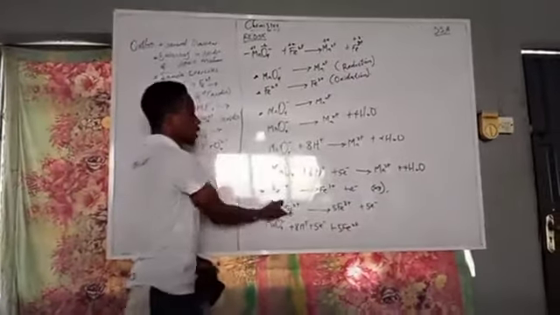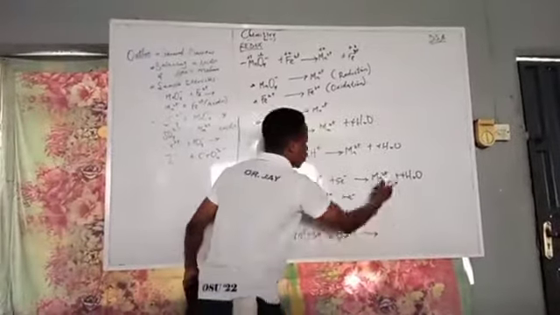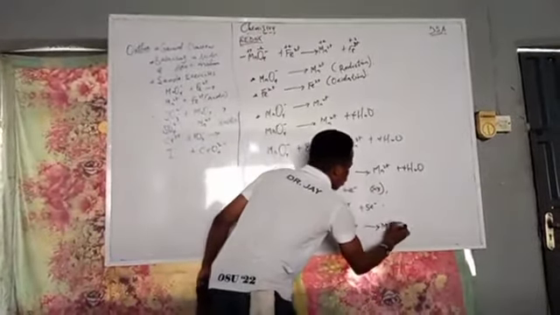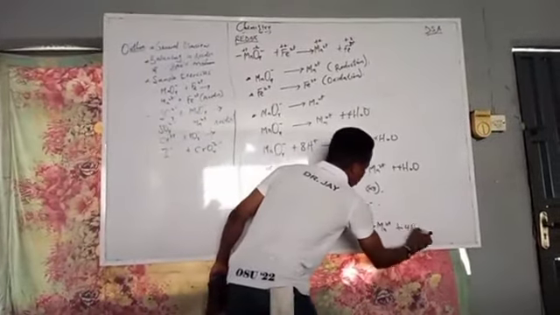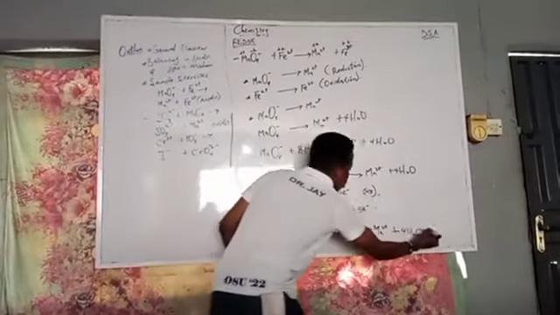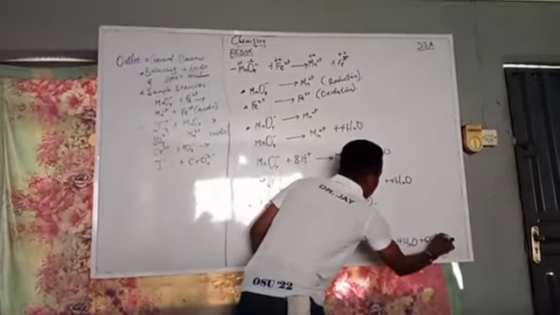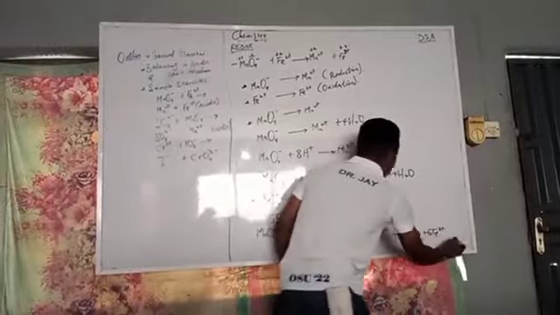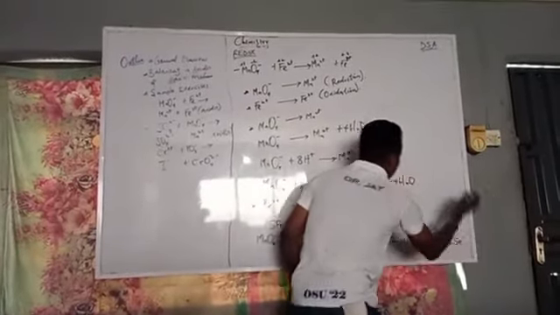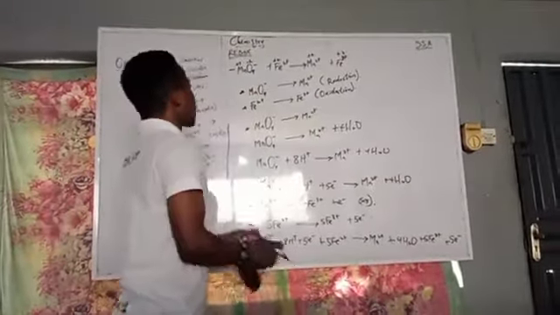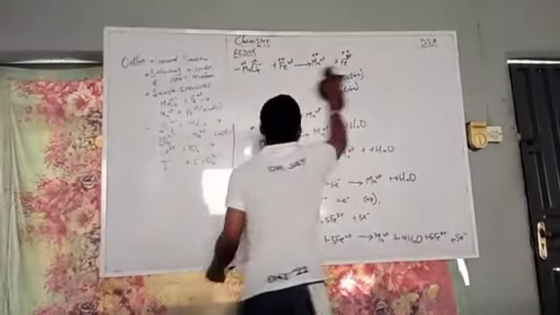You are done with the reactant side. So let's move on to the product. We have Mn2 plus, 4H2O, plus 5 Fe3 plus, 5 electrons. So now we have that. Okay? Let me kindly clean this up.